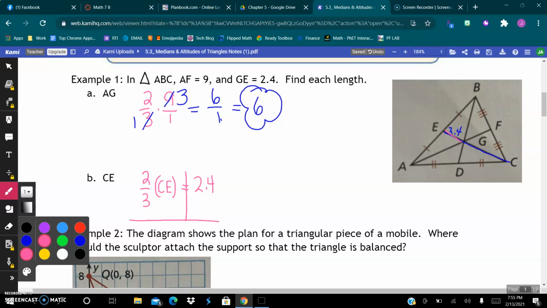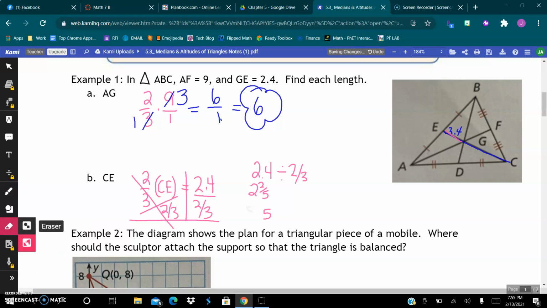We're going to divide by 2/3 on both sides, so the 2/3 cancels, and then we have 2.4 divided by 2/3. 2 and 4/10 would be 2 and 2/5, which is 12 over 5 if I make it improper. For division with fractions, we keep, change, flip.